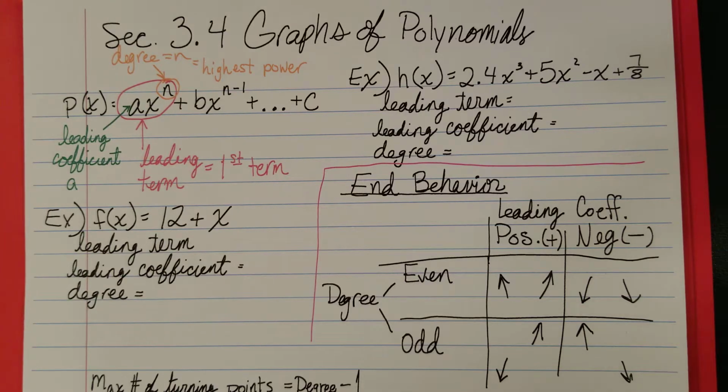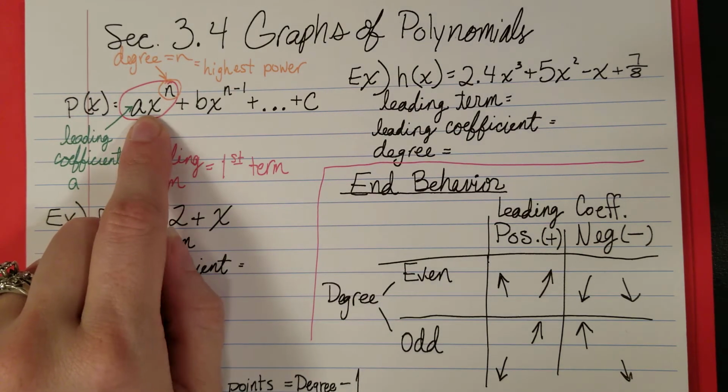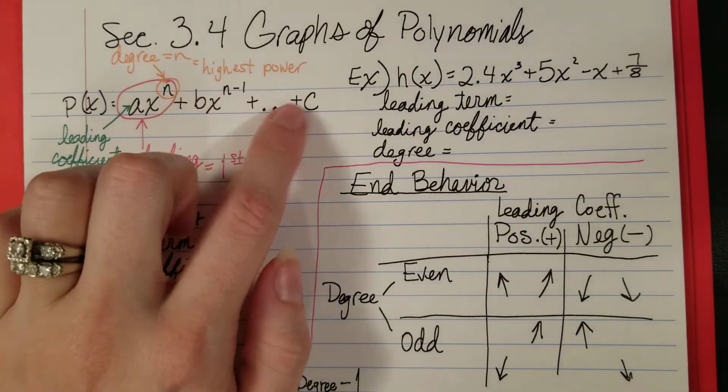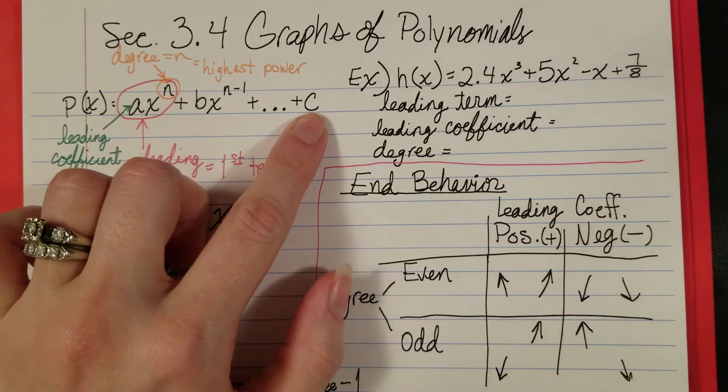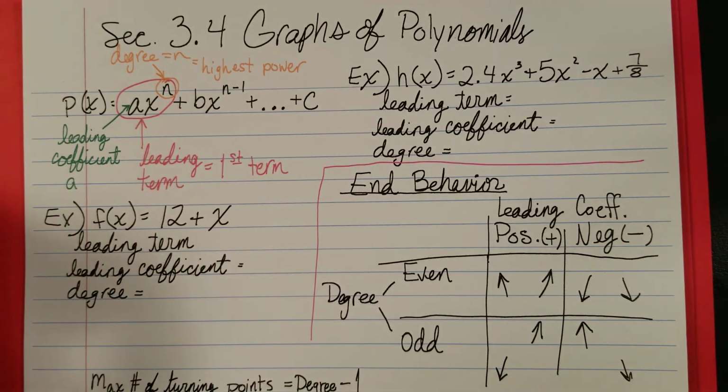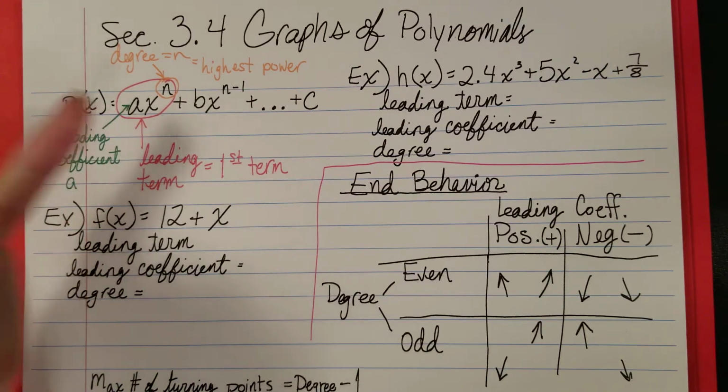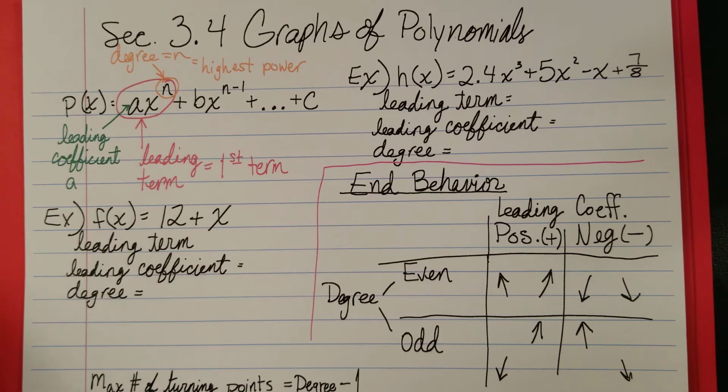You have it in order of descending powers of the variable. So you've got the highest exponent here, and then it goes all the way down to the constant at the end. So when you have them in that order, then the first term is the leading term, and that coefficient is your leading coefficient, and then that highest exponent is the degree.